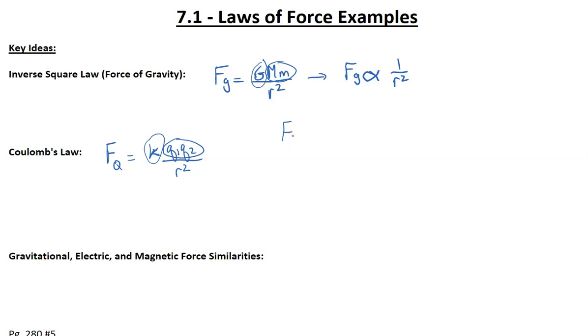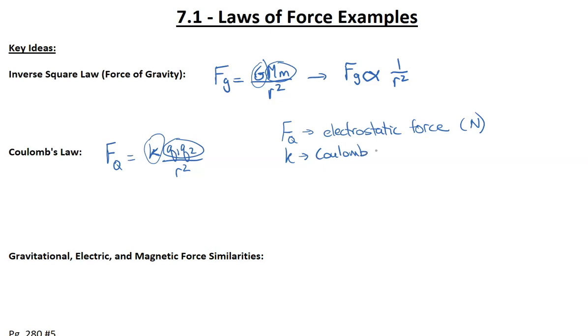Fq is the electrostatic force. And that's just the buildup of electrostatic charges, which we've looked at a number of times throughout our high school science time. And then we have K, and K represents Coulomb's constant.